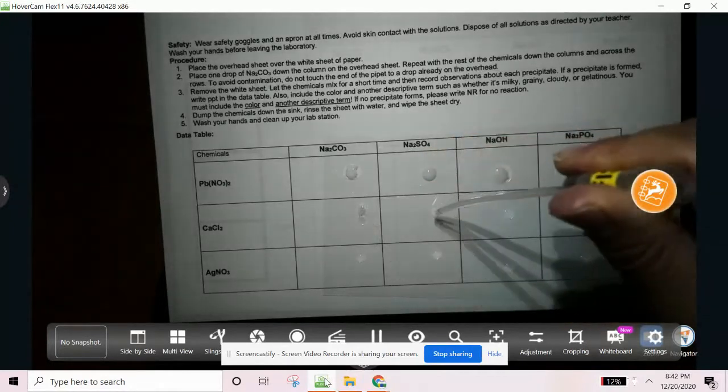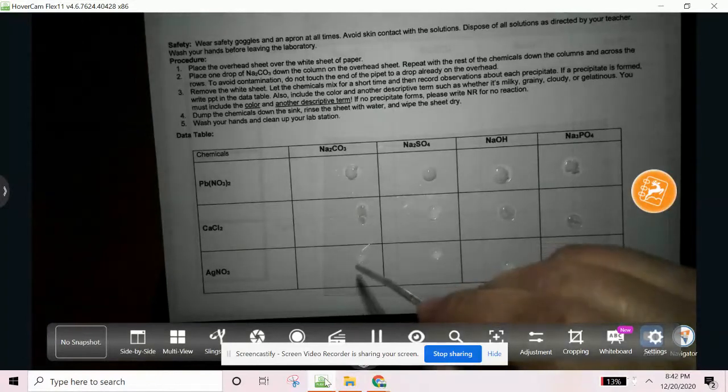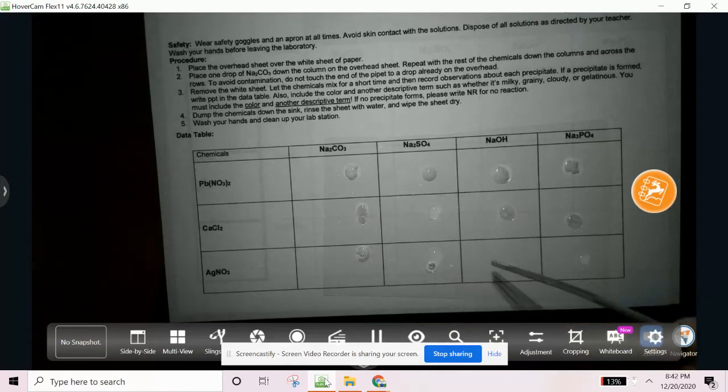Not a full drop fell there, so I just add a little bit more. And the last one, AgNO3. No, it didn't quite fall in. There we go. Okay.